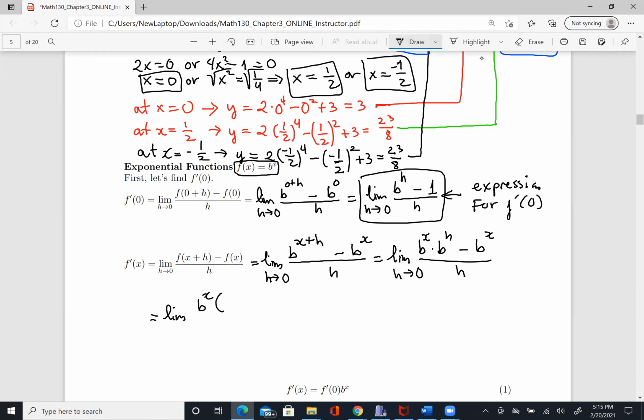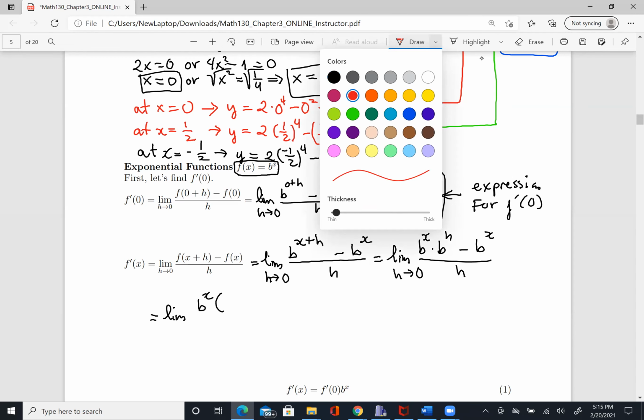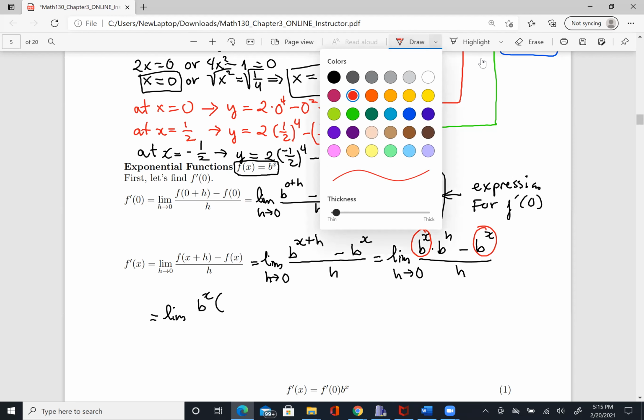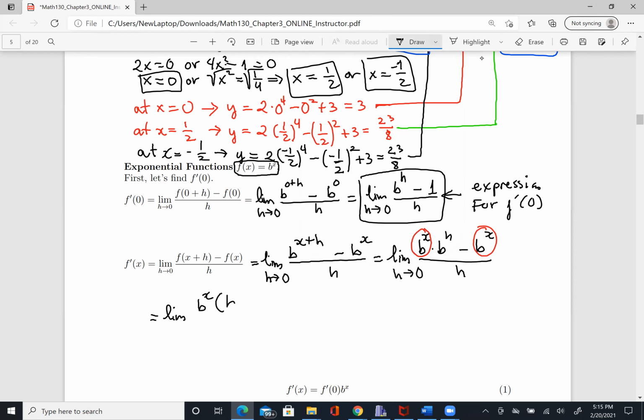There's a common factor, which is b to the x. So I have b to the x multiplied by b to the power h minus 1 over h, h going to 0.